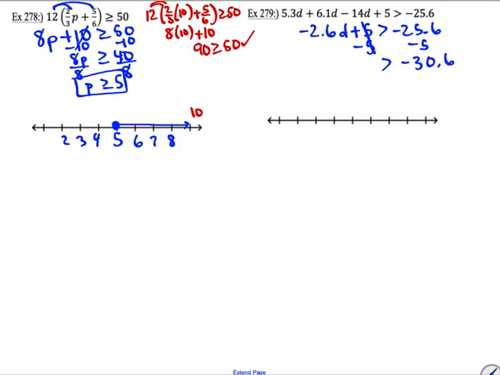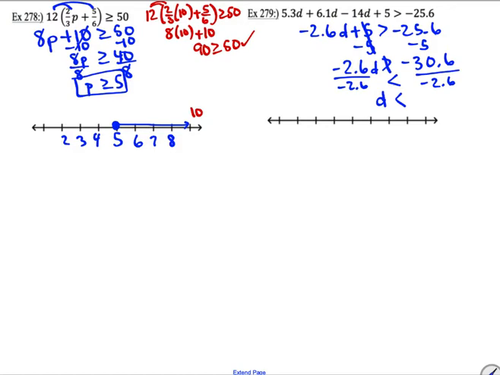They're both negative, so we add them together. On the other side, negative 2.6d. We're going to divide both sides by negative 2.6. And because we're dividing by a negative, we need to remember to switch the sign. So, negative 30.6 divided by negative 2.6, it's kind of a long drawn out answer.